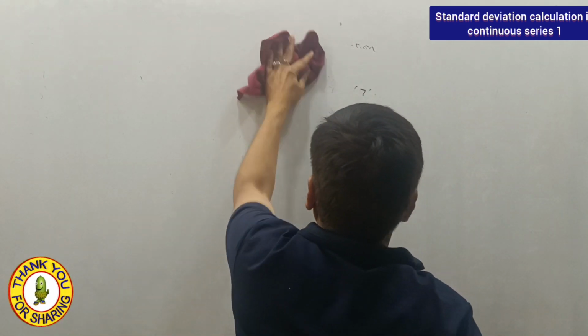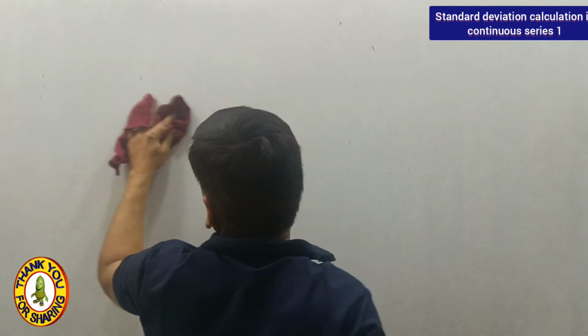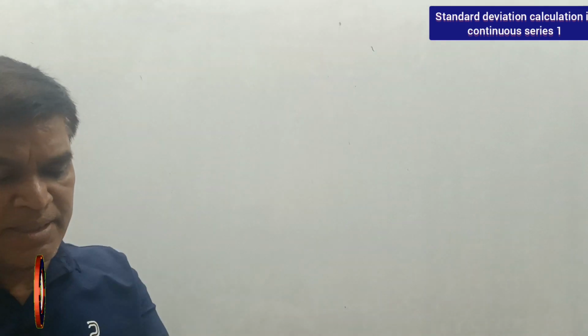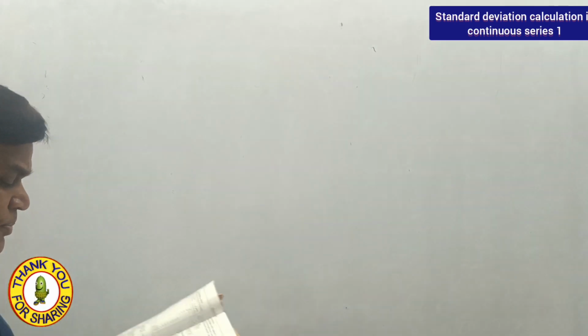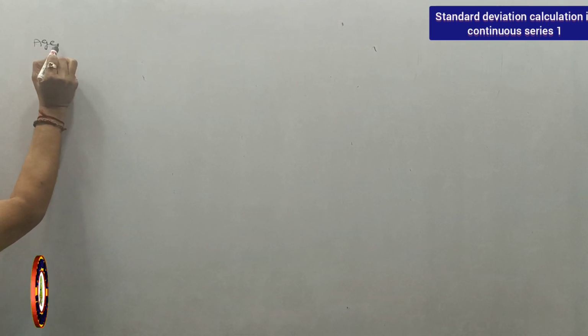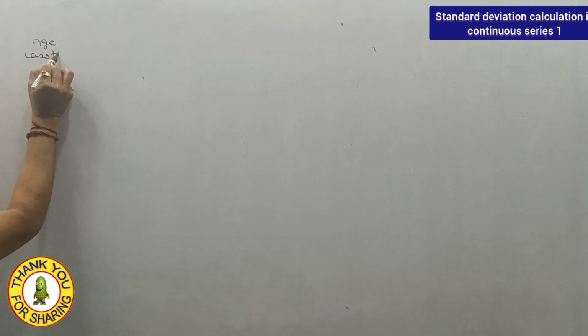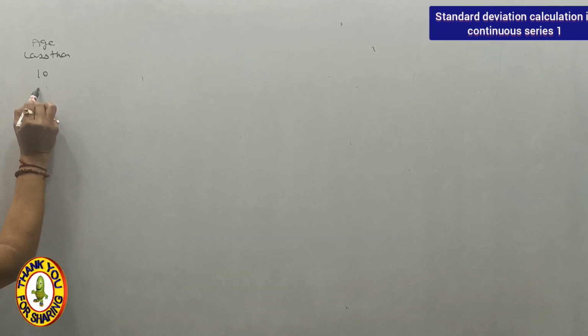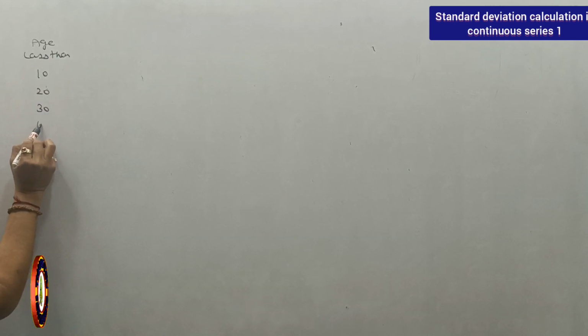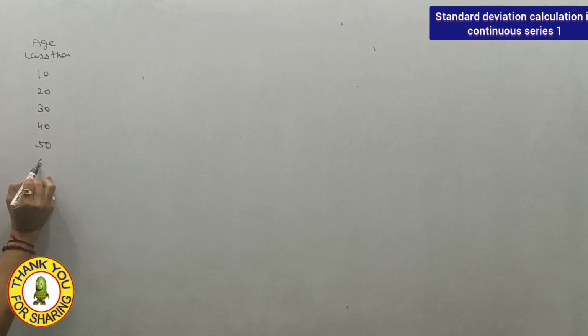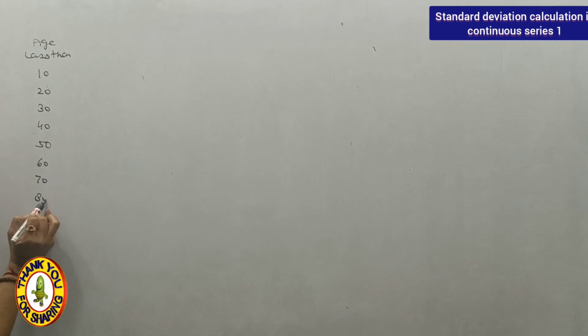I am taking marks, age is also, less than given 10, 20, 30, 40, 50, 60, 70 and 80.